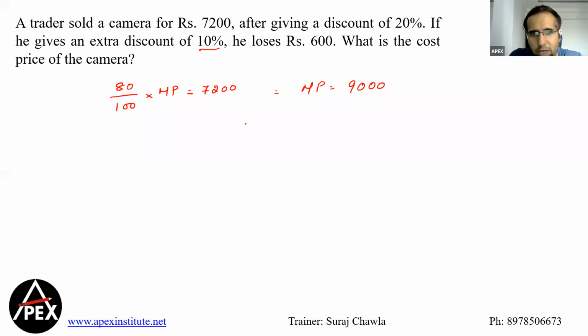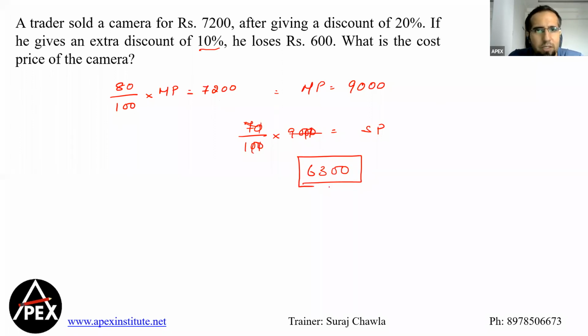According to me, that should have been the case. That means 70% of MP would have been my selling price. Which means now I would have sold at what price? 7 tens are 70, 7 nines are 63. So I would have sold at 6,300 rupees.